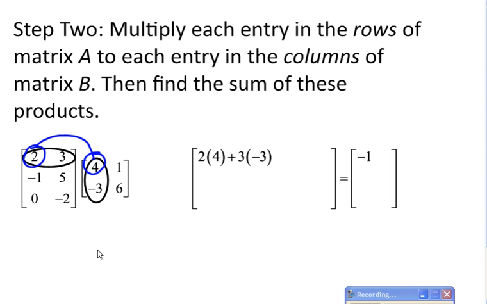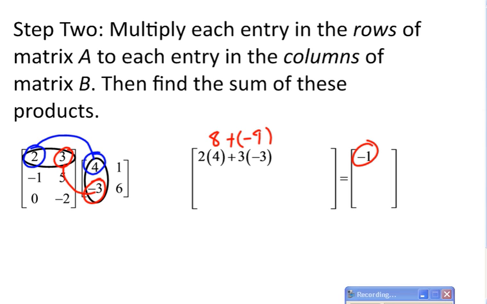Then we're going to add together 3 times negative 3. So we multiply 2 times 4 plus 3 times negative 3. That's 8 and negative 9, which is negative 1. And the answer will go in the upper left-hand corner, which is the first row and first column.